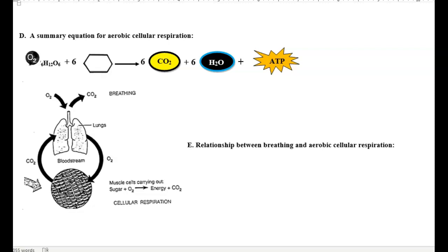So usually when you hear the word respiration, you think of breathing. So now we're going to relate breathing to aerobic cellular respiration. Aerobic cellular respiration is just getting energy out of glucose. But breathing is very important because of the 2 gases, oxygen and carbon dioxide.